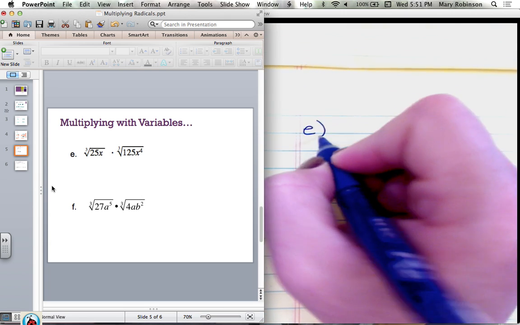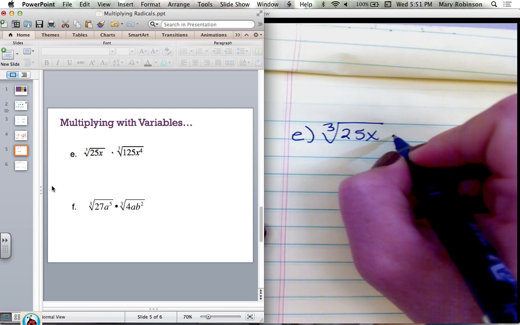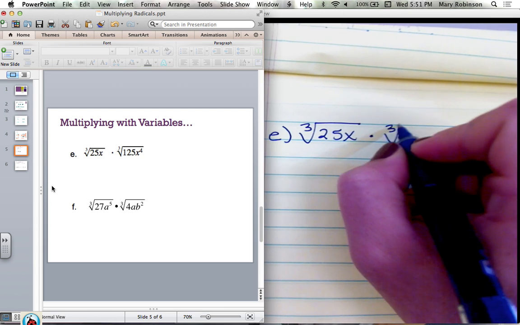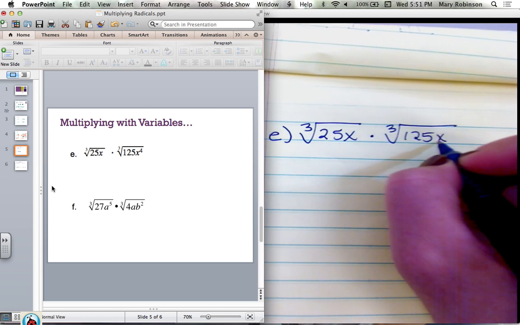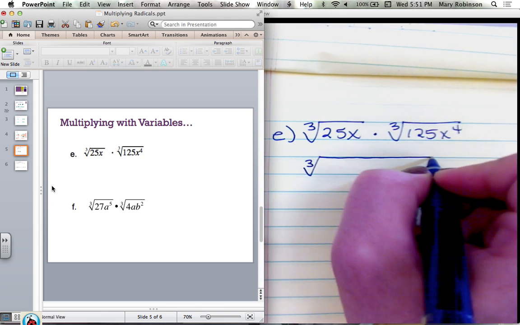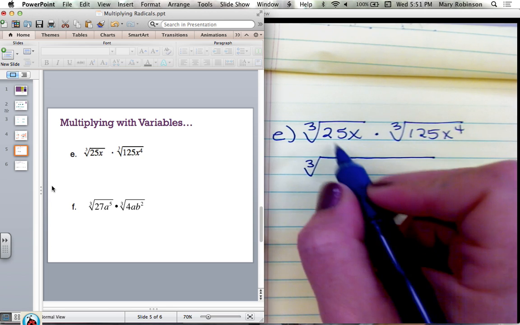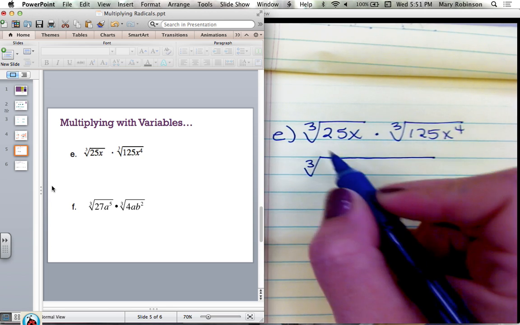Alright, so for E, we have the cube root of 25x times the cube root of 125x to the 4th. Keep in mind, hopefully you've been picking up the last few days, I'm going to start using some shortcuts here. I know I'm going to end up breaking down the factors as I multiply them.